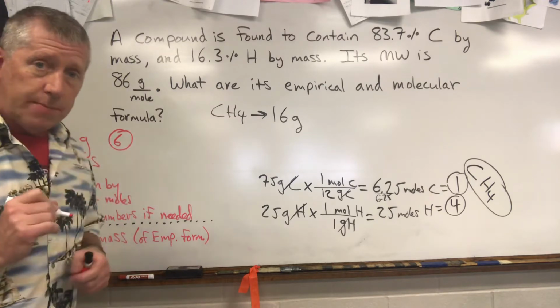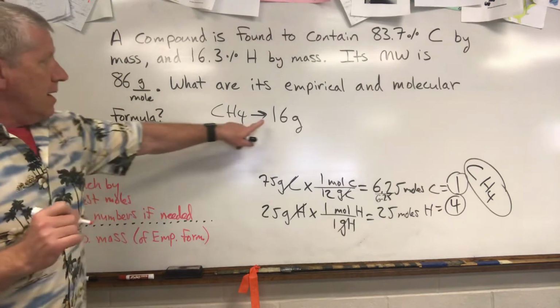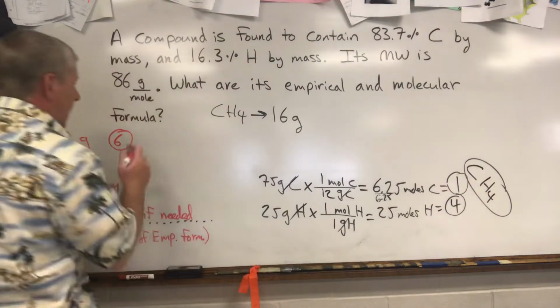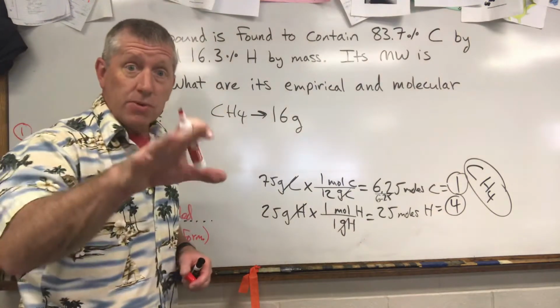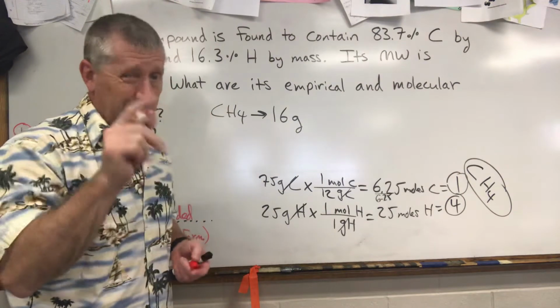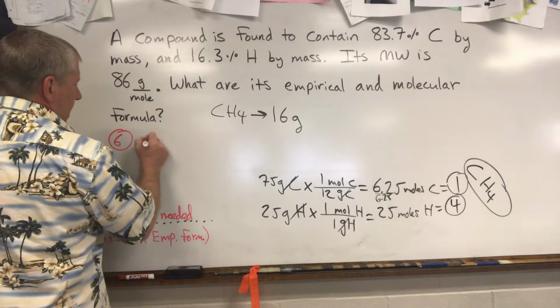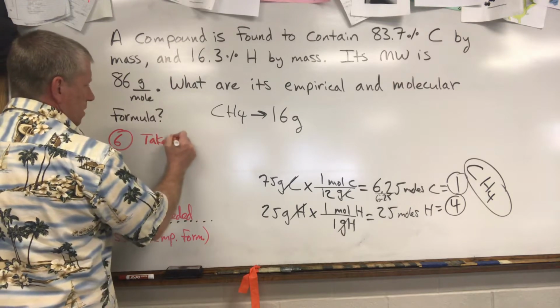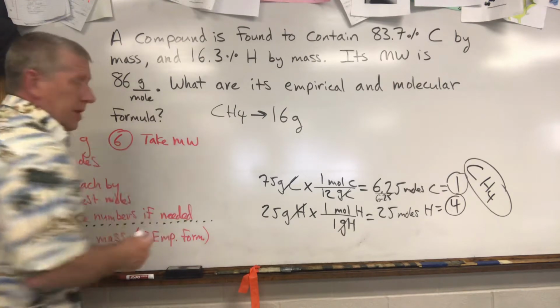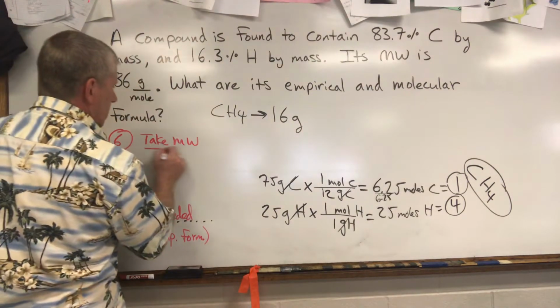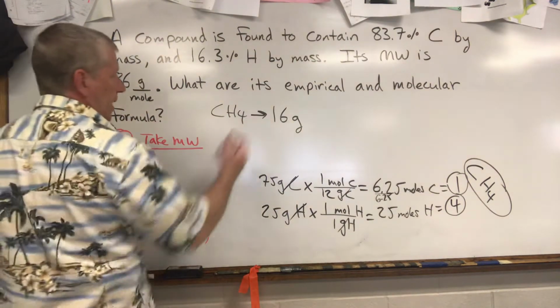So I'm going to write step 6 here right now. Step 6 is take the empirical mass and divide it into the molecular mass. Now the molecular mass was given in the problem. I erased it, but I remember it. So for step 6, take molecular weight, molecular mass, remember we talked about that earlier, same thing, and divide it by the empirical mass or the empirical weight.